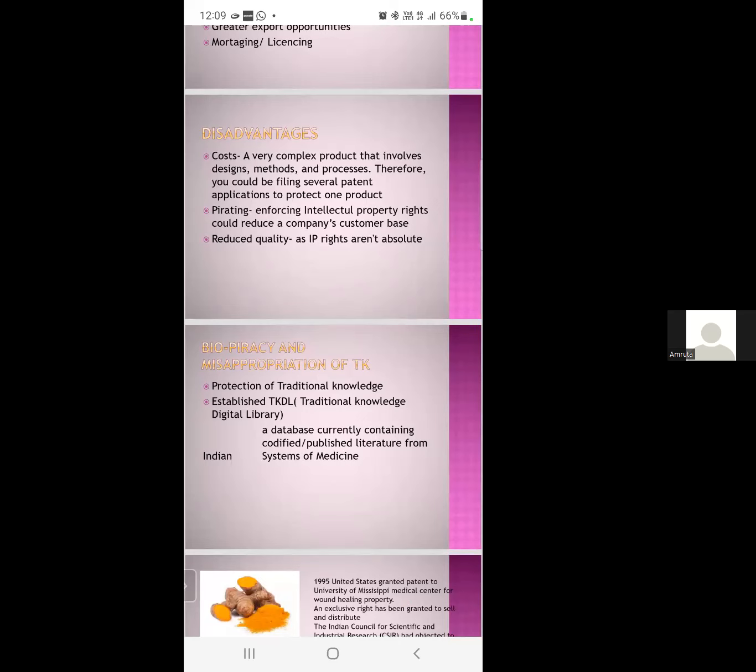Then in copyrights, there are chances of pirating. It is very common, like films get pirated or books get pirated. Two weeks back, the Xerox wala was selling the complete book, which was photocopied, for like 50 to 70 rupees.